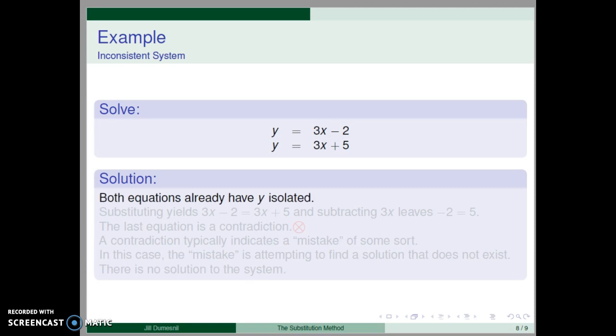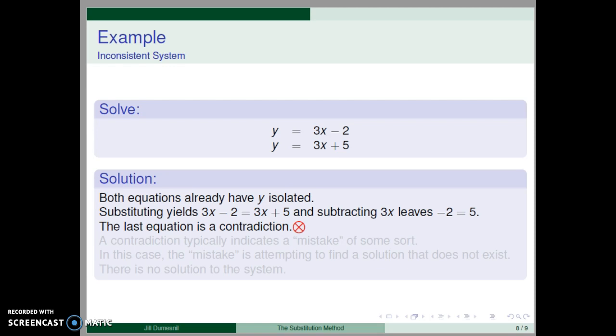Both equations already have y isolated, so substitution produces 3x - 2 = 3x + 5. Subtracting 3x from both sides leaves that -2 = 5. This last equation is a contradiction.